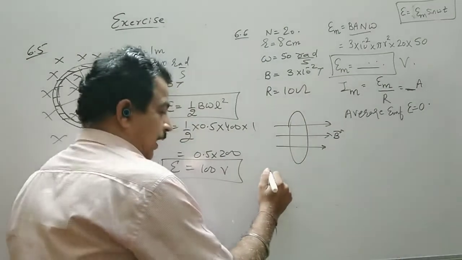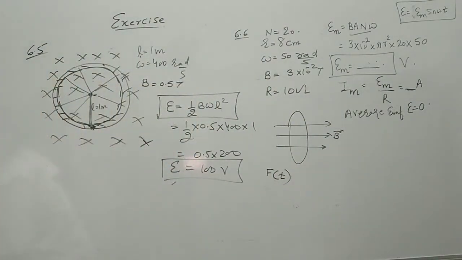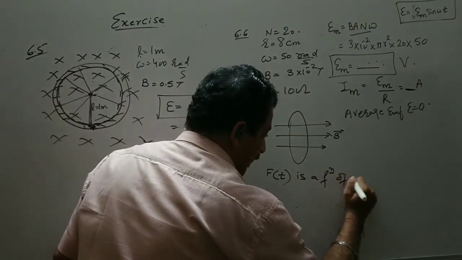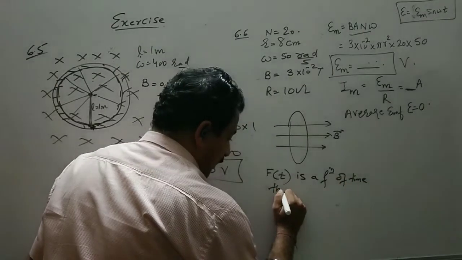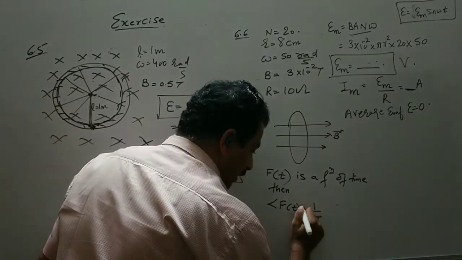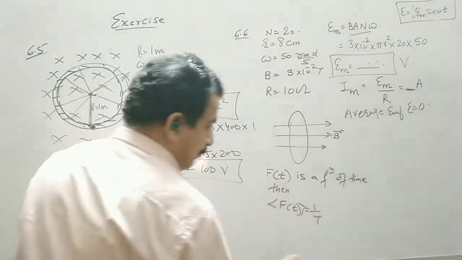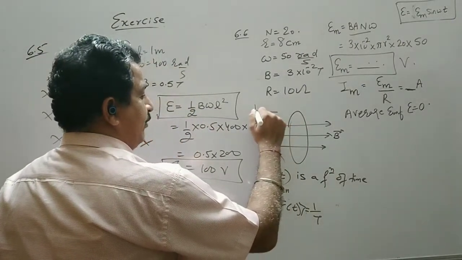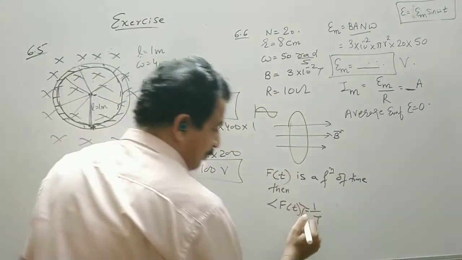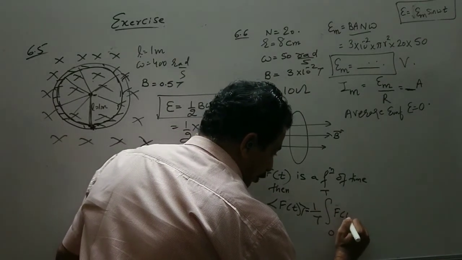For the time being, you remember if we have any function of time, suppose f of t is a function of time, then the average of this function for one complete cycle, so this is the symbol for average, is 1 by T integration 0 to T f of t dt.